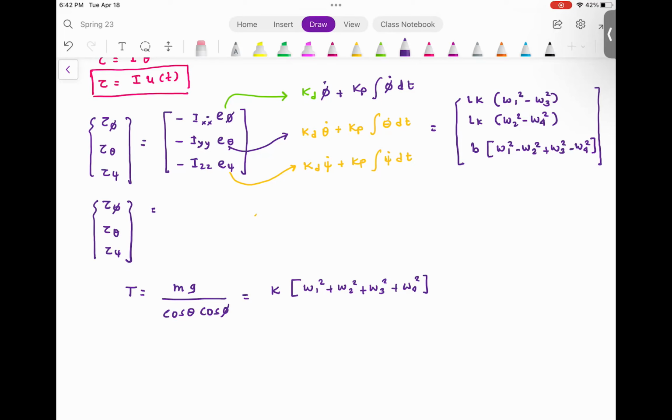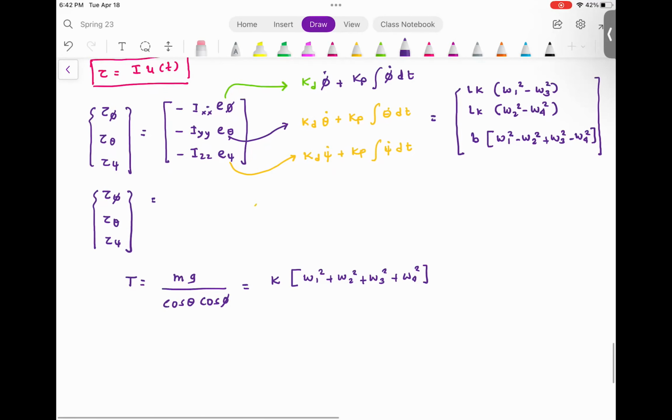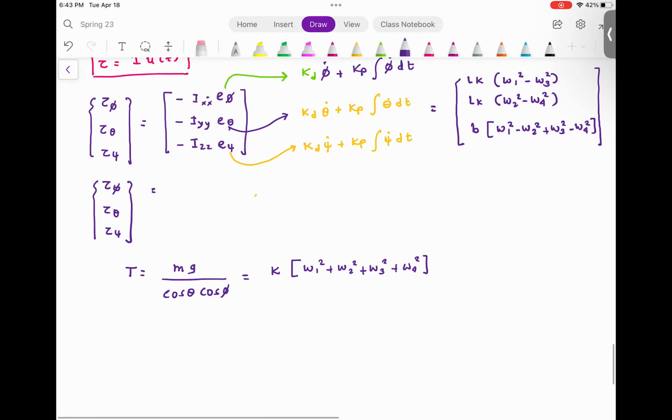And to be honest with you, once you work out the math, you finally get a very nice expression for omega 1 square. And I would write this equation here.